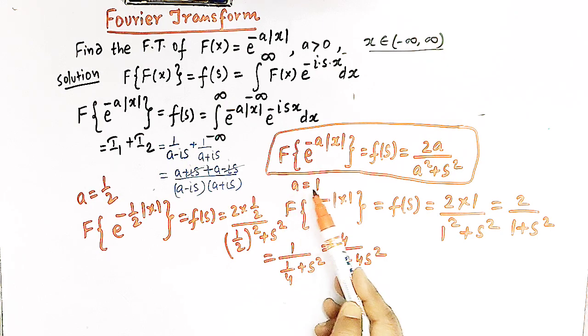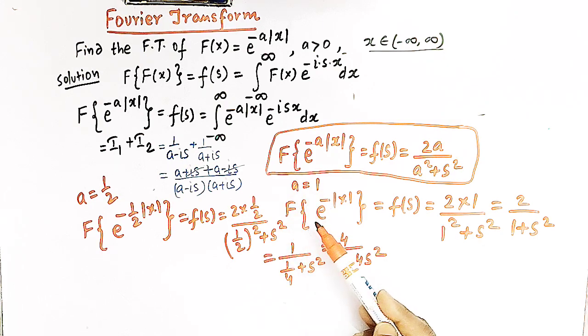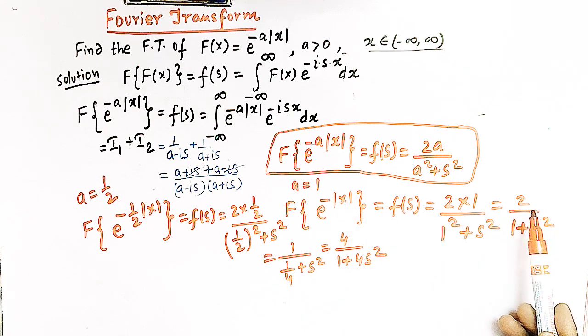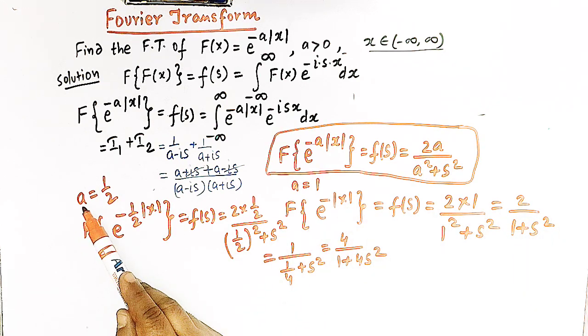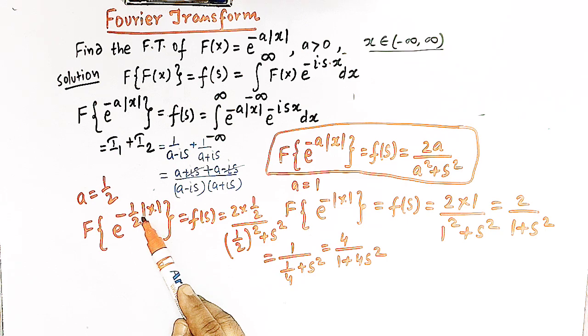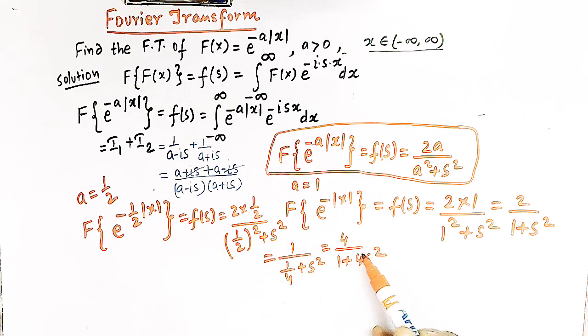For example, for a equal to 1, the Fourier transform of e raised to minus absolute value of x is given by 2 divided by 1 plus s square, and if we take a equal to half, then the Fourier transform of e raised to minus half times mod of x is given by 4 divided by 1 plus 4s square.